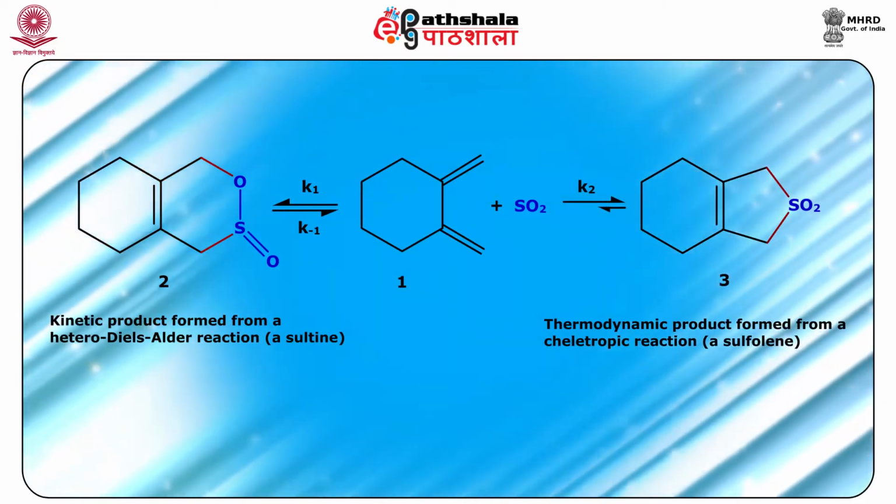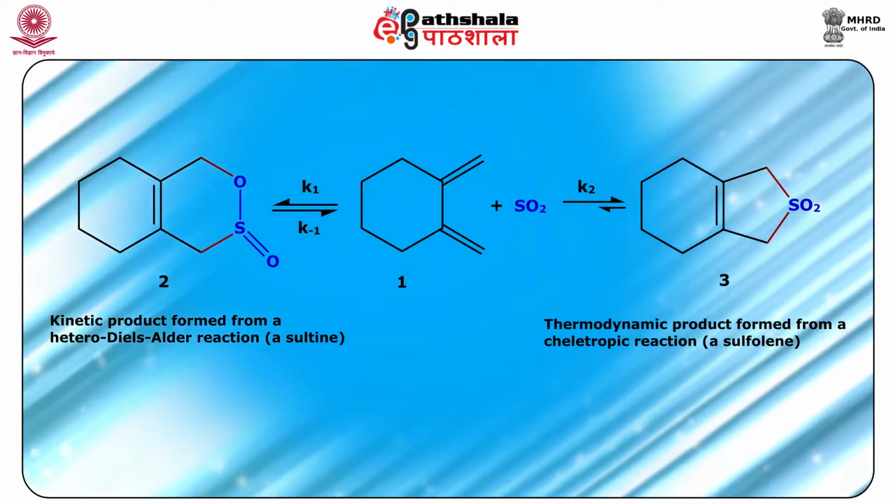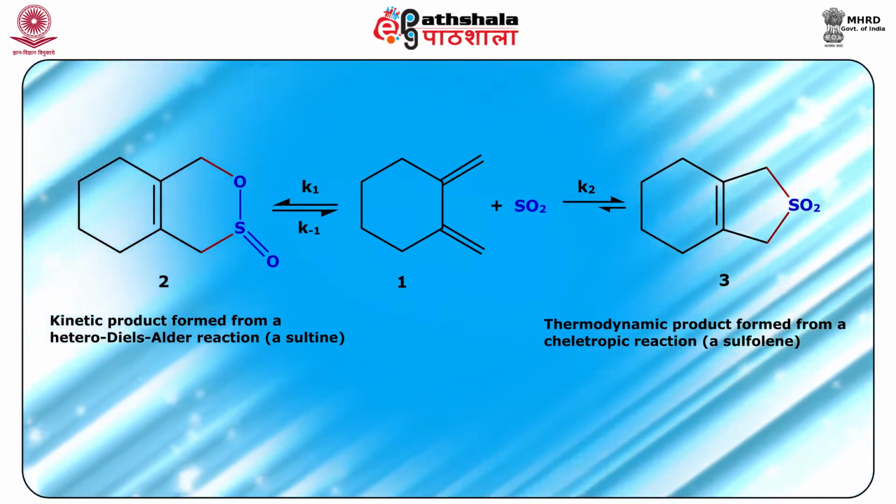The classical example of cheletropic addition reaction is adding sulfur dioxide to a diene.